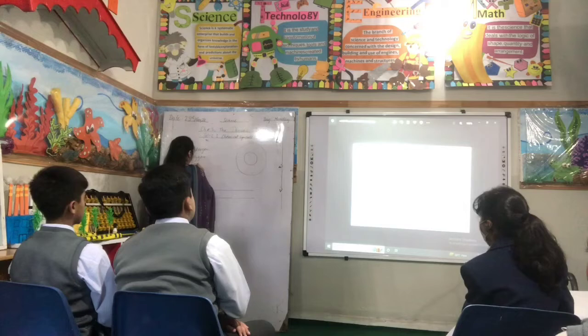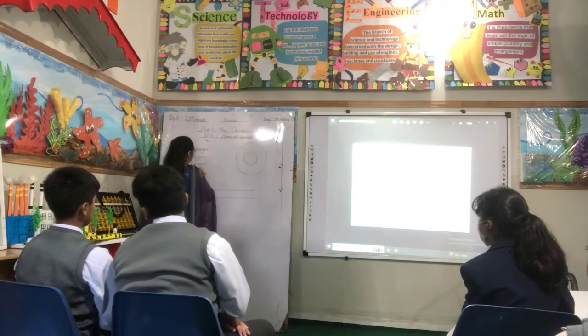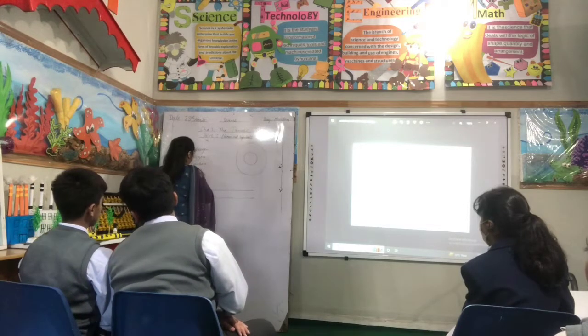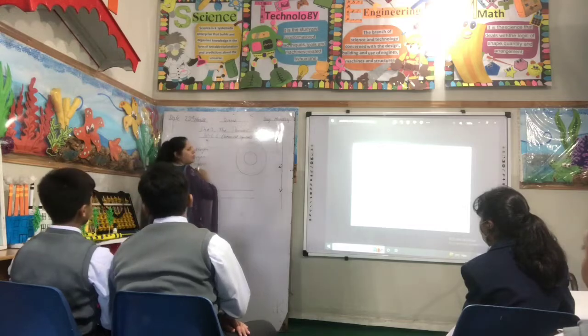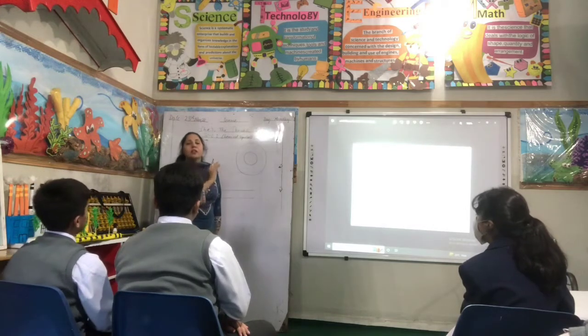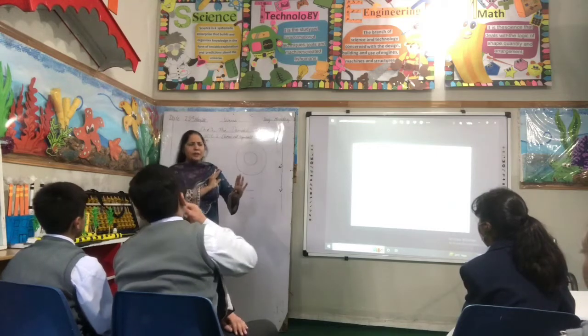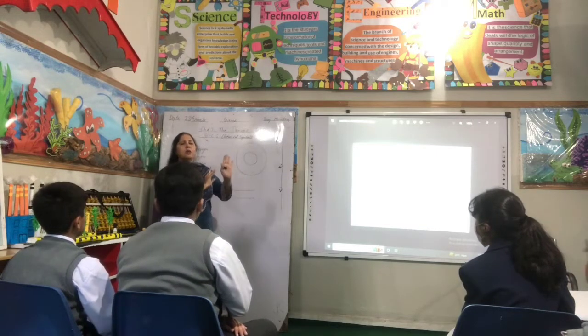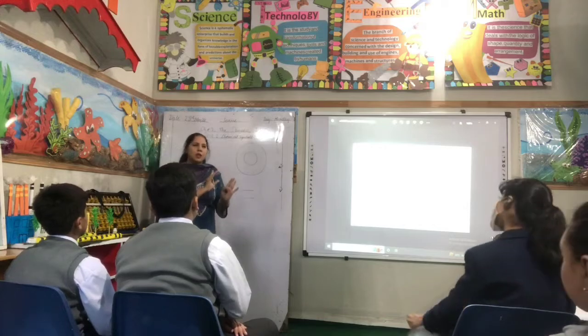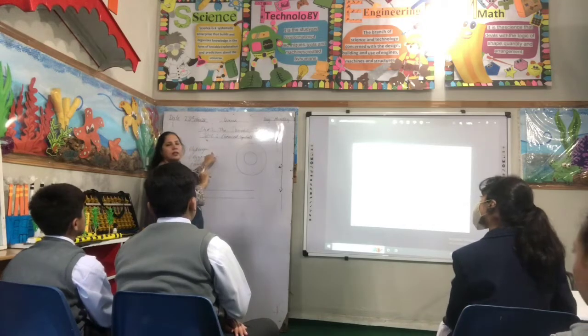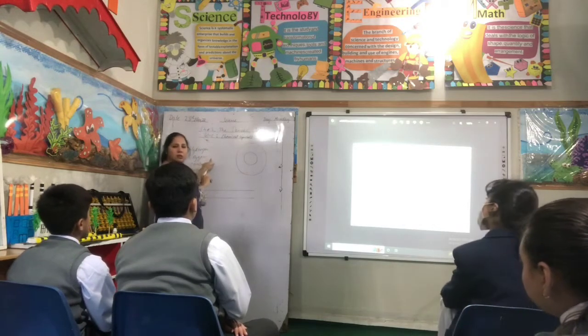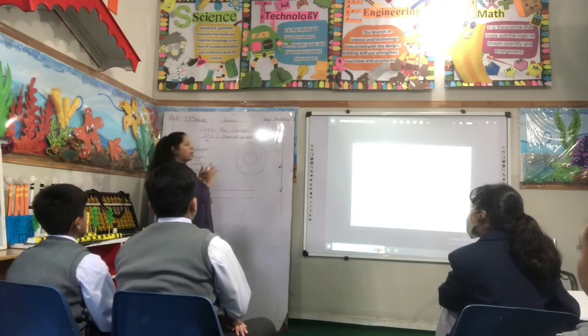Sulfur. Sodium. Good. There are so many different elements which have different names, and we can identify them with the help of their names. No other hydrogen is there in the periodic table, no other oxygen, no other carbon.